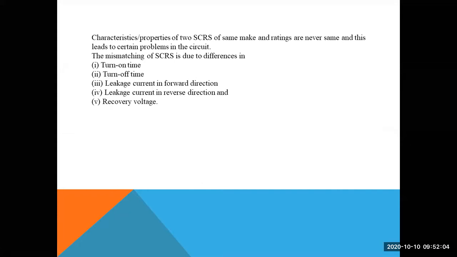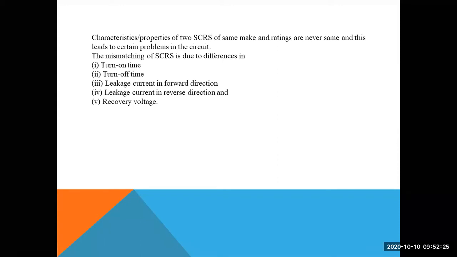In the practical case, if you consider the difference in characteristics, that is why we get 5 different mismatches between two SCRs. The first and second are switching characteristics, and the third and fourth are considered a voltage difference.